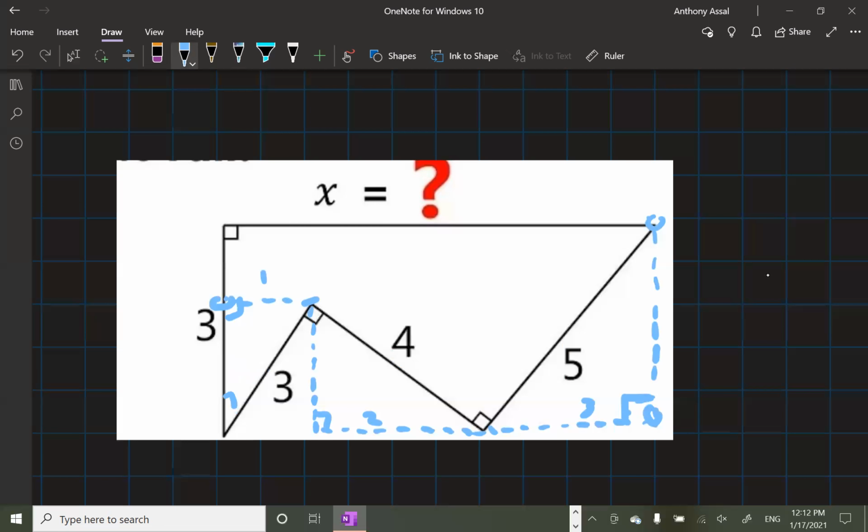Let's call it angle 1. Okay, so I know that for this, if I know this angle, I'll know the length of the other two sides. So I'll know what the length of this is.